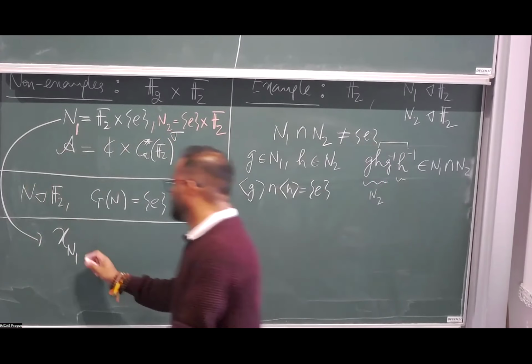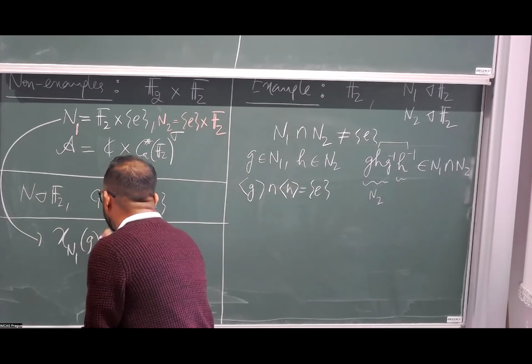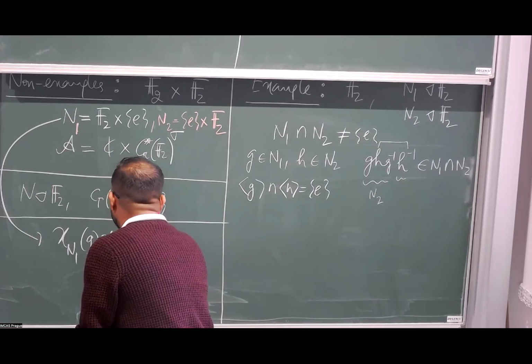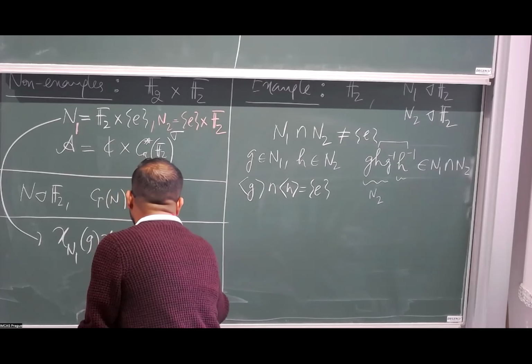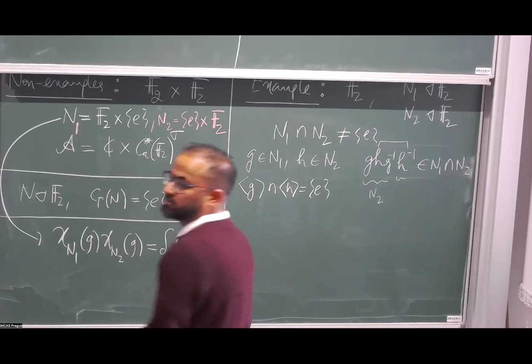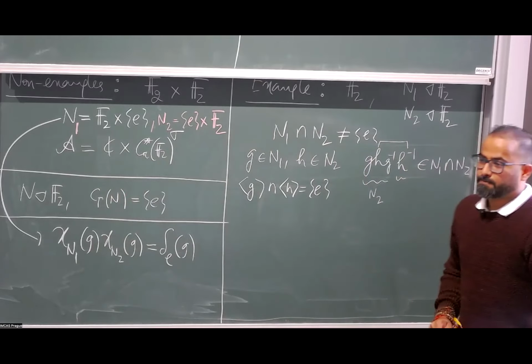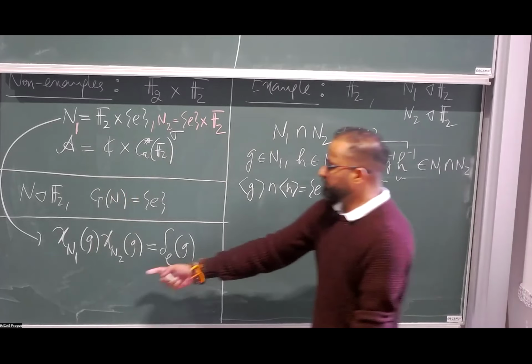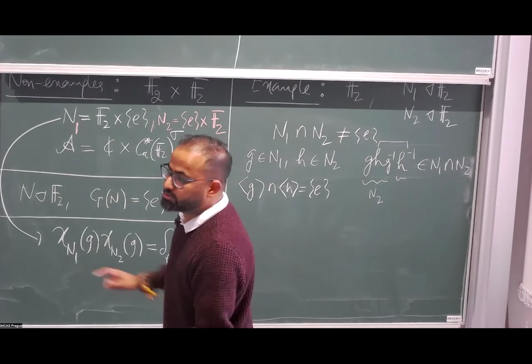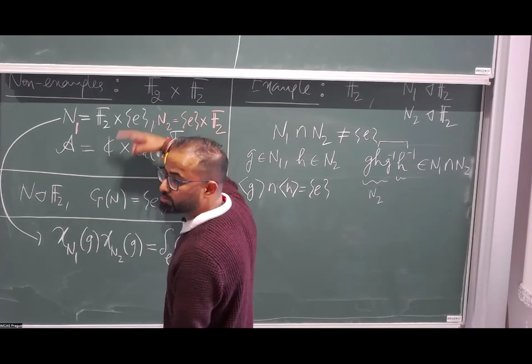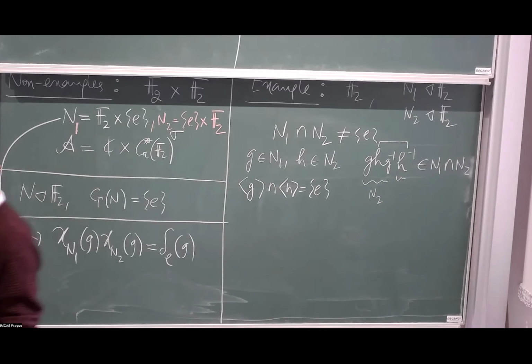Similarly here. So the point-wise multiplication of these is Dirac. But these are not Dirac. So this character decomposition property does not hold in this example. So this is a very strong property.